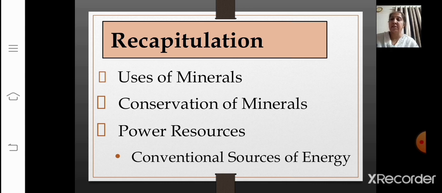Today in conventional sources of energy we learnt about firewood and fossil fuels, and fossil fuels included coal, petroleum, natural gas, and hydel power. And we learnt the advantages and disadvantages of each and every conventional source today. So in our next session we are going to learn about the non-conventional sources of energy. Till then, take care.